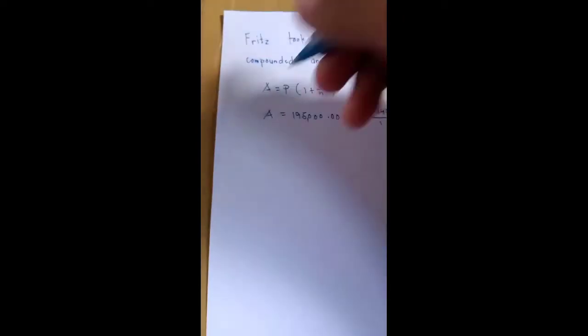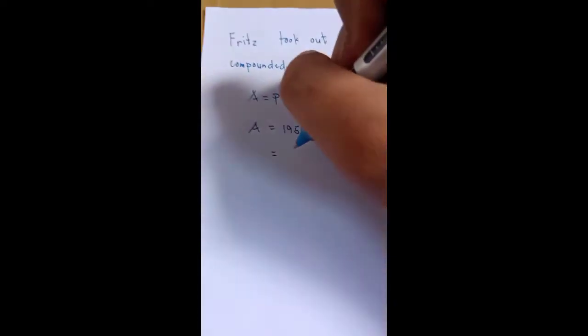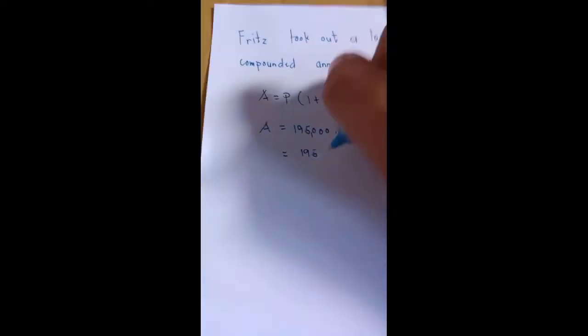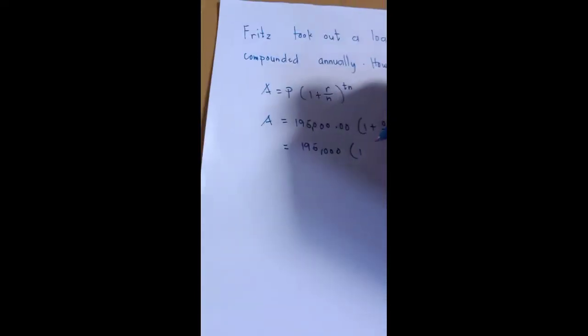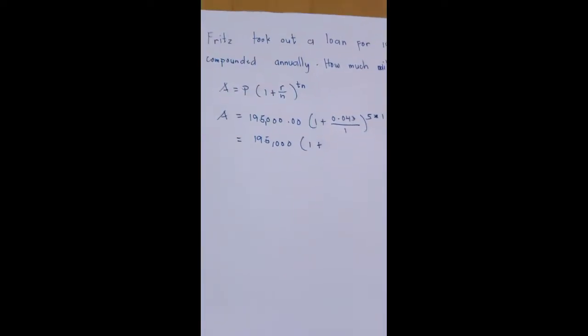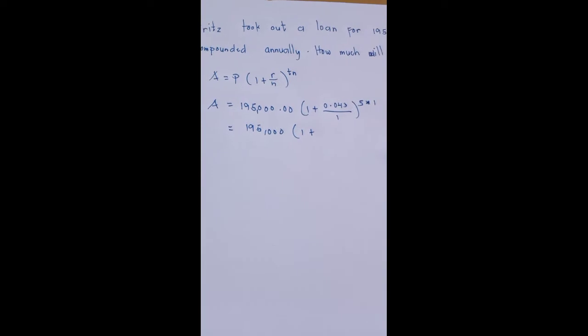And then after that, let's start solving it. 195,000 times 1 plus 0.043 divided by 1, and that will be 0.043 because that is 1, and 5 times 1 will be 5.